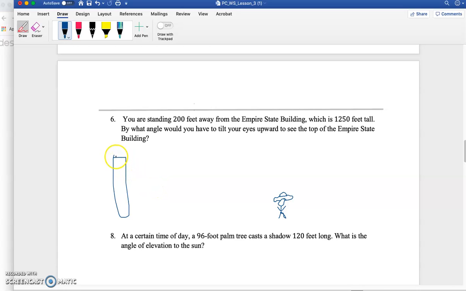And here is the top of the Empire State Building. What would your eye level have to be for you to see the top? Oh, that is a horrible line, but you get the idea, right? It's still going to create a right triangle here. And they just want to know what angle you will have to tilt your eyes upward to see the top.